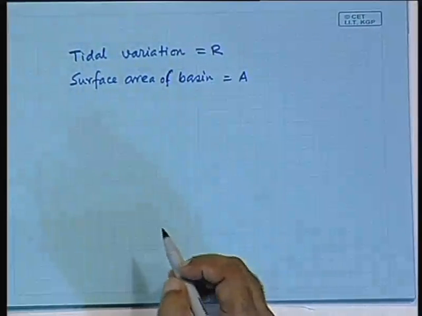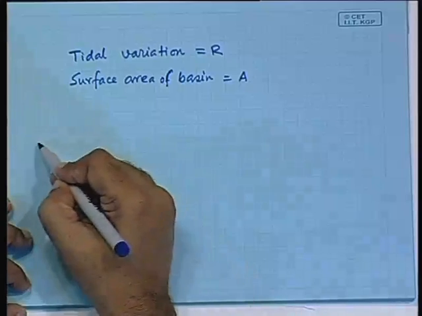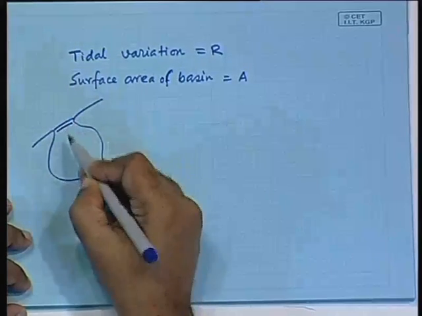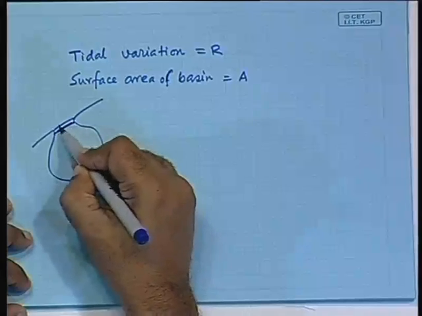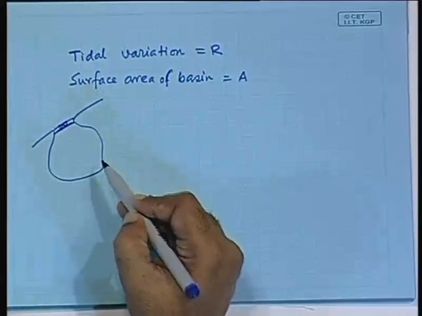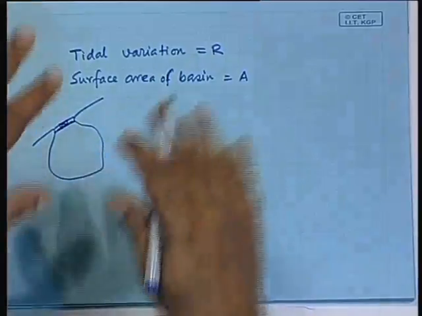Now, we are considering say a place something like this. So, this is the area A, here we have the turbine, and if you see it sideways, for the sake of simplicity, we will assume the sides to be vertical.